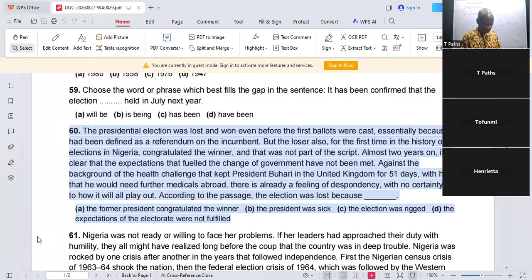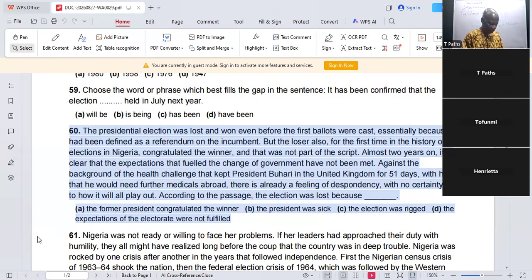Almost 2 years on, it is clear that the expectation that fueled the change of government has not been met. Against the background of the health challenge that kept President Buhari in the United Kingdom for 51 days, with hints that he will need further medicals abroad, there's already a feeling of despondency. Despondency simply means sadness, with no certainty as to how it will all play out.